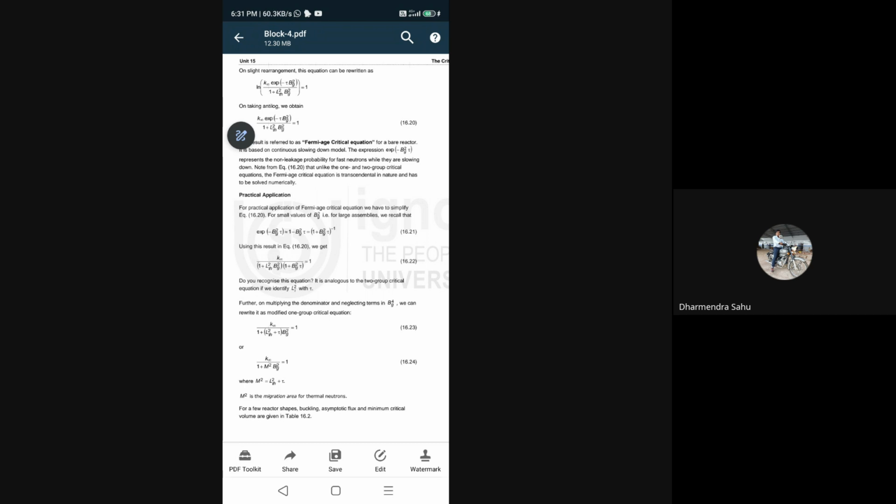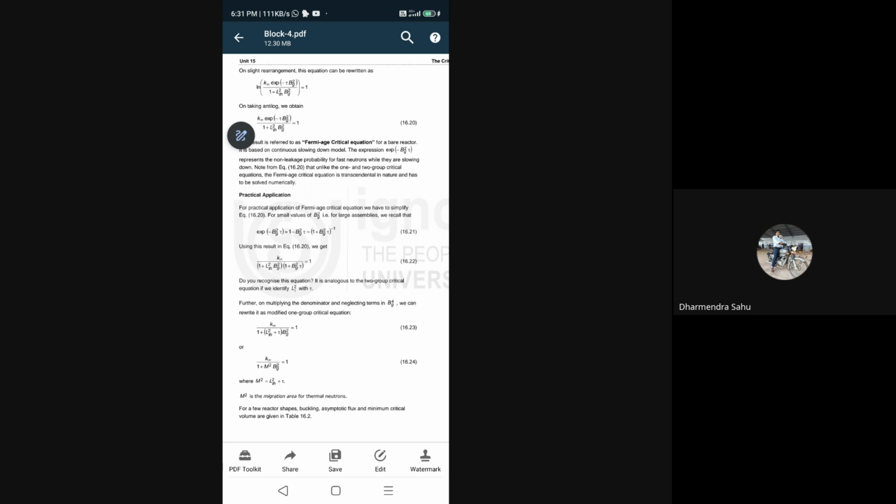And for small values of Bg square, that is for large assemblies, we have exponential minus Bg square tau nearly equal to 1 minus Bg square tau, which is equal to 1 plus Bg square tau inverse.